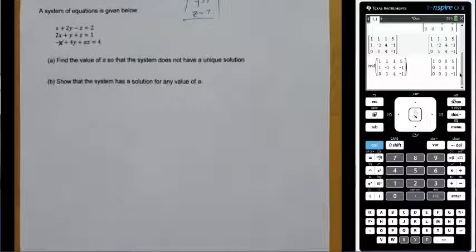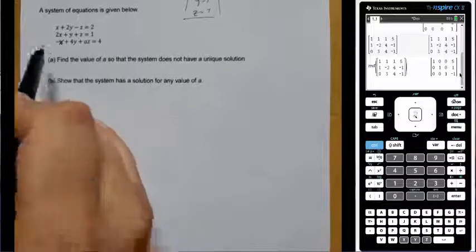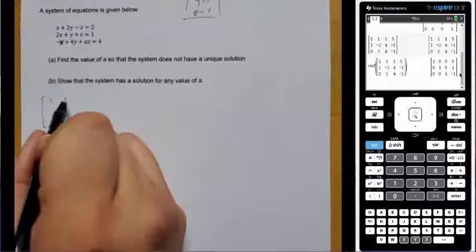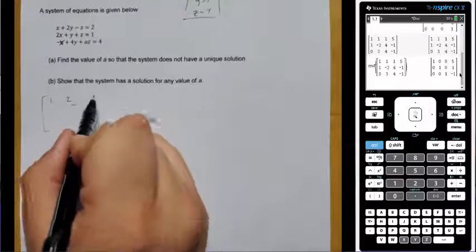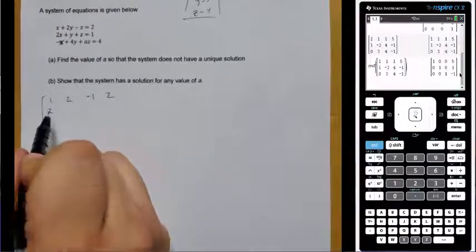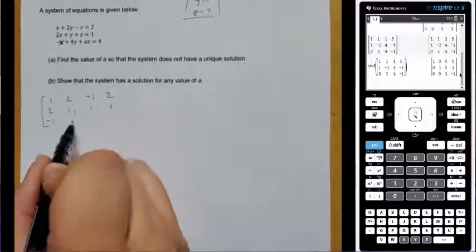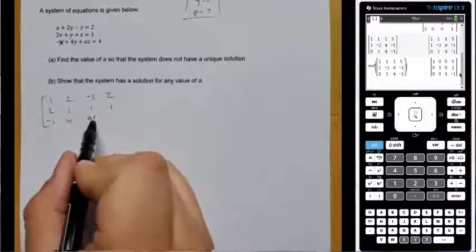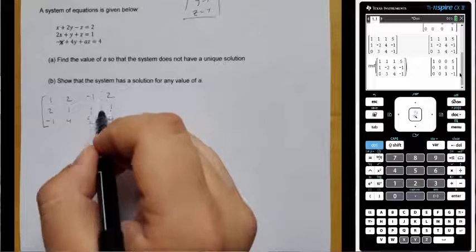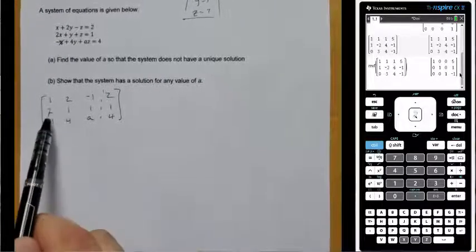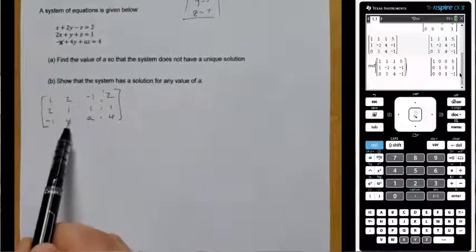So I'm going to start by changing this system into a coefficient matrix. 1, 2, -1, 2, 2, 1, 1, 1, -1, 4, a, and 4. So again, in an attempt to solve this, I need to get this in upper triangular. I need to get zeros in these 3 spots.